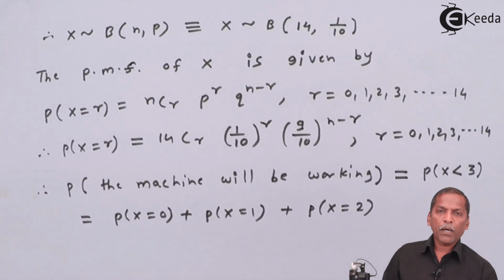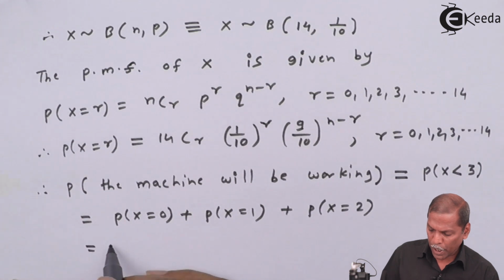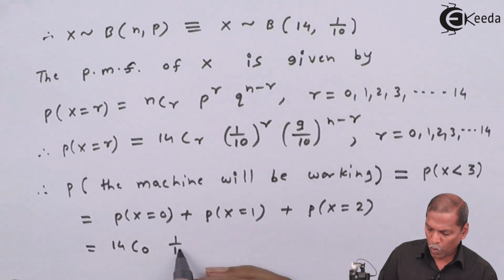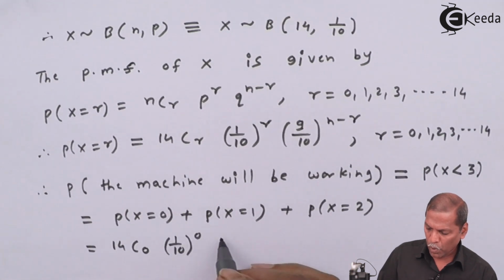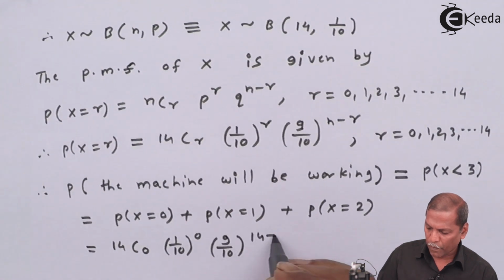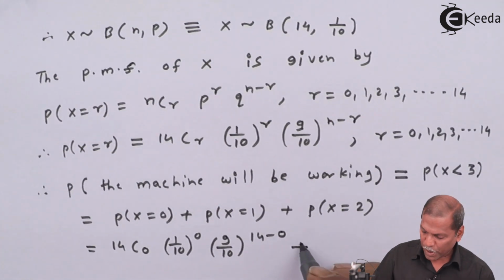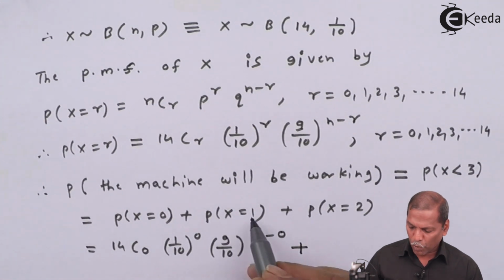Now first we find probability X equal to 0. So that is 14C0 into 1 upon 10 raise 0 and 9 upon 10 raise 14 minus 0, plus. Now we find probability X equal to 1.